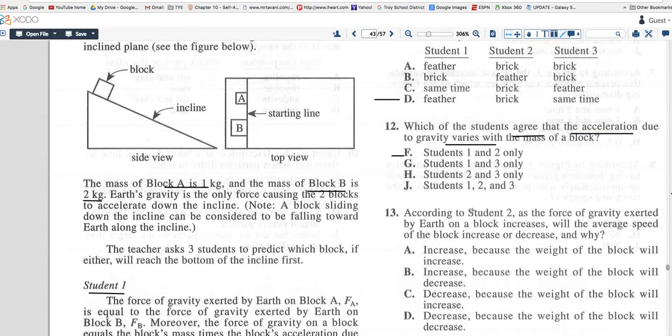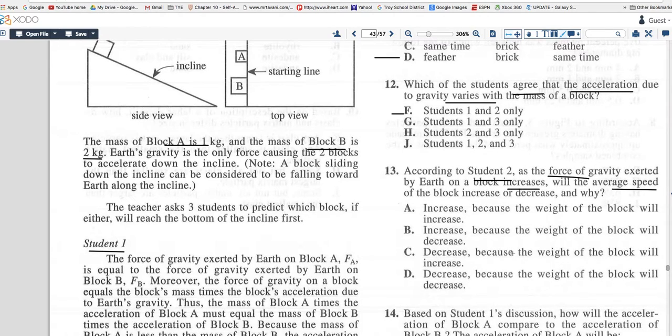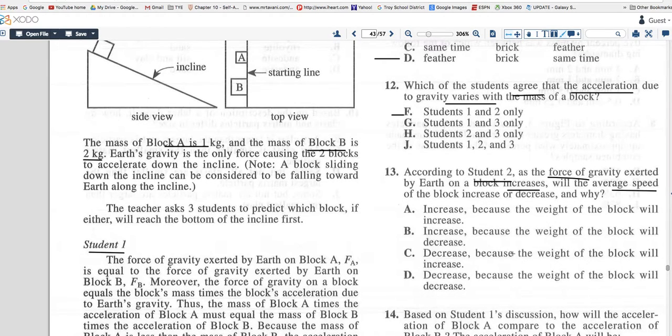13. According to student 2, as force of gravity increases, will the average speed increase or decrease? Who can do this one? Manvita.